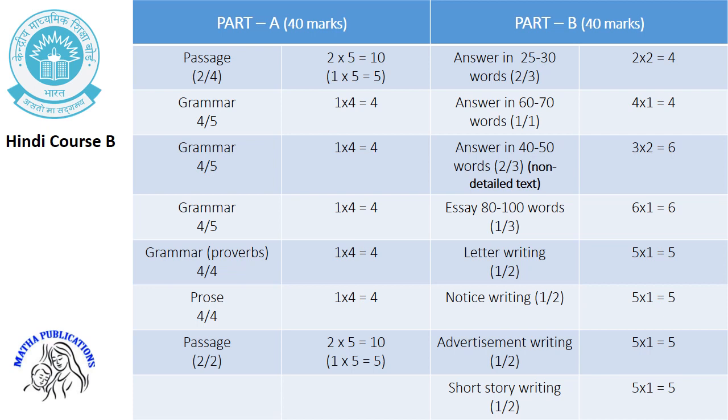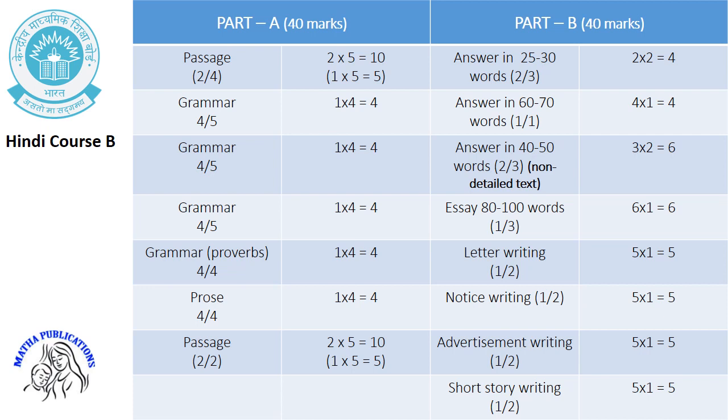Among the 4 grammar portions, all portions except Proverbs have 5 objective type questions, meaning that you need to answer only 4. The Proverbs section has 4 objective type questions with no options. Each question carries 1 mark. In total, the grammar portions carry 16 marks.